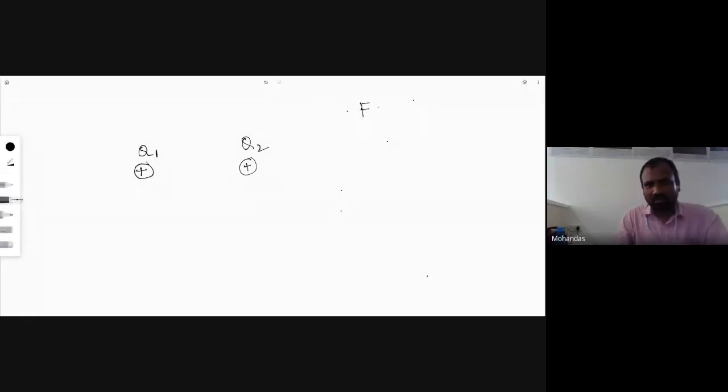According to Coulomb's law, the force is proportional to Q1 Q2 by R square. Both the charges have the same polarities, positive polarities. Can you guess what is the type of the force between them?